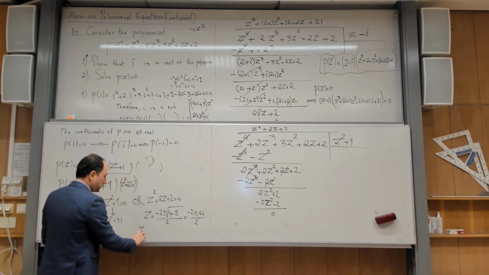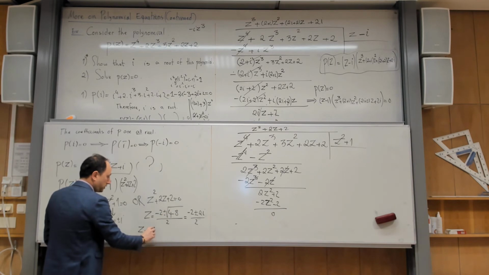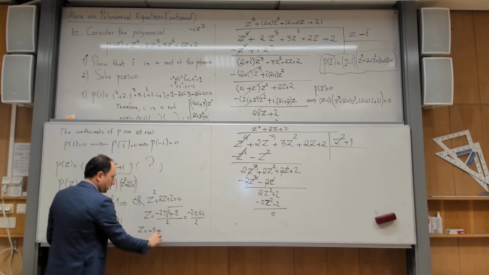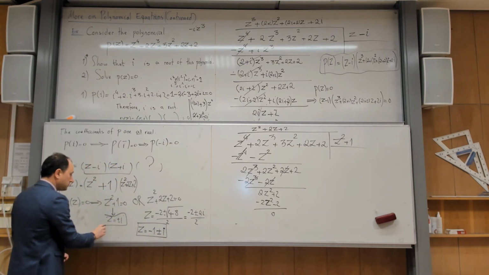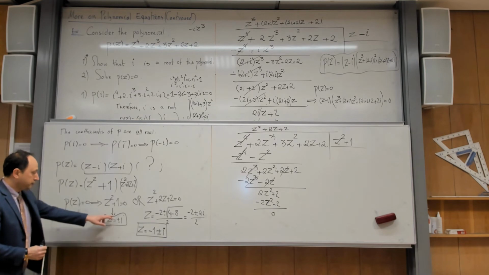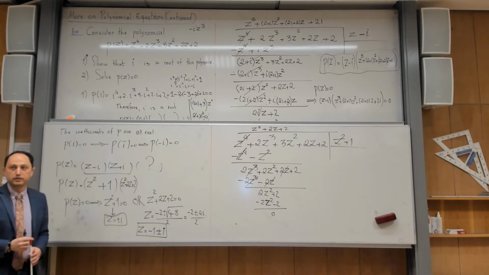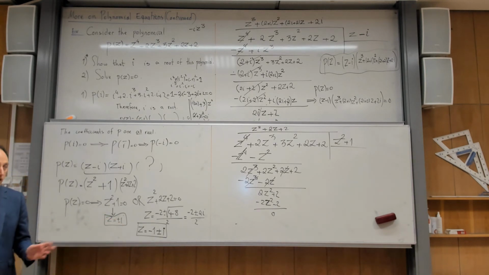So you see that you got the answers finally. It is minus 1 plus or minus i. If I ask you how many roots we have for this polynomial, we have 4 roots, and all of them are complex numbers. Not a single one of them is a real number.